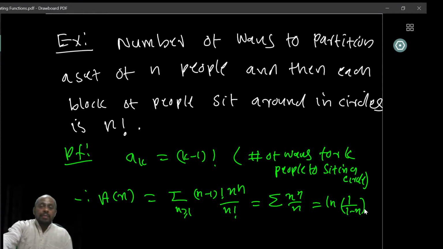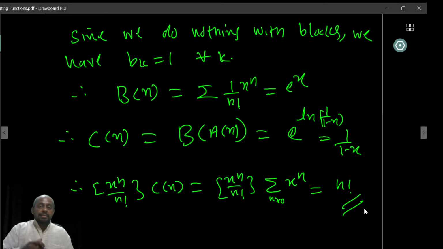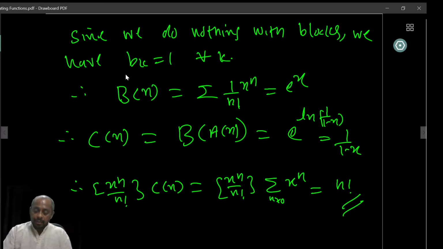Now, what is b? Well, we are partitioning, and then we are not really doing anything. We are saying that each of them are sitting around these tables and nothing else. So b is the constant sequence, b_k is 1. So therefore we get b of x is summation x raised to n by n factorial, which is e raised to x.